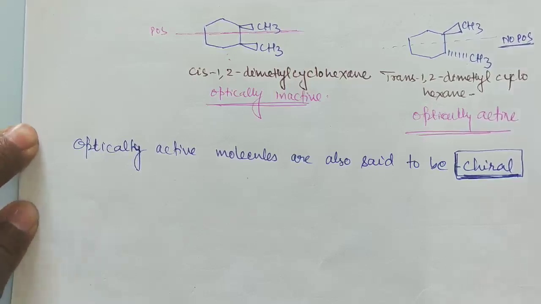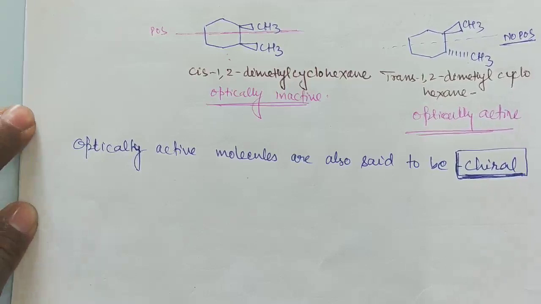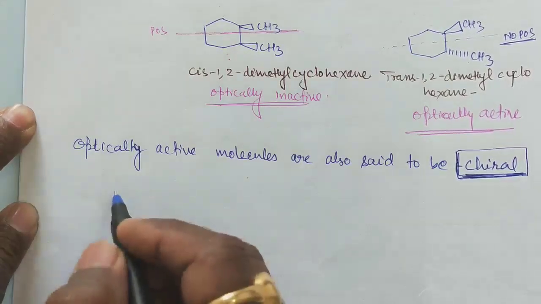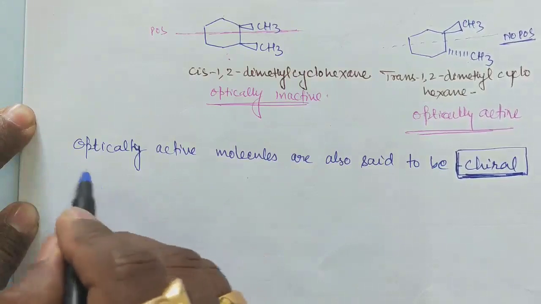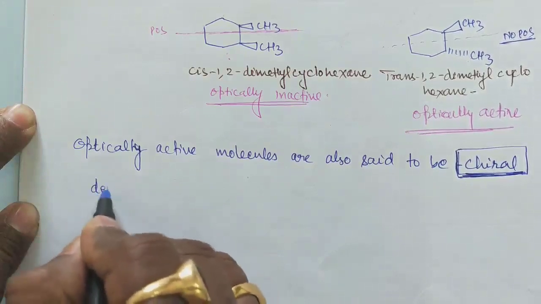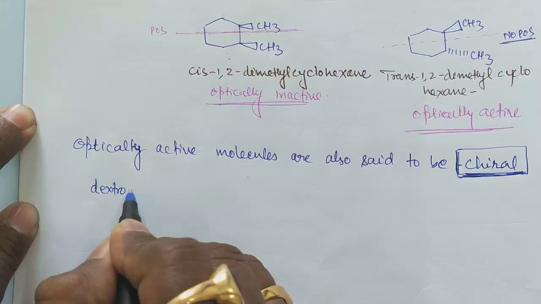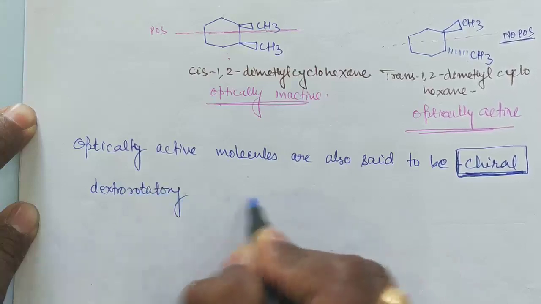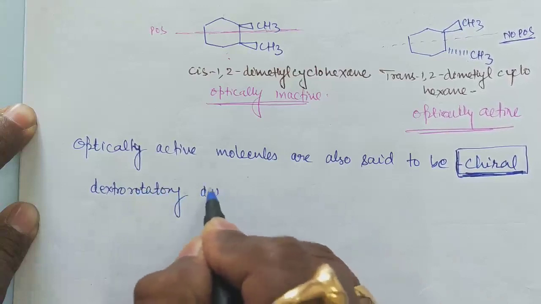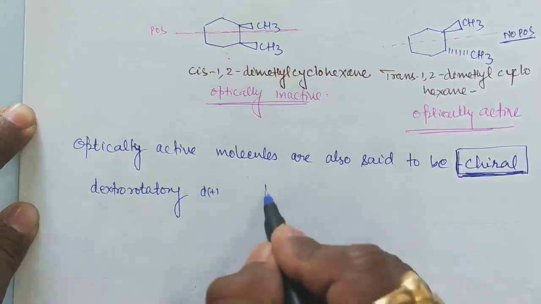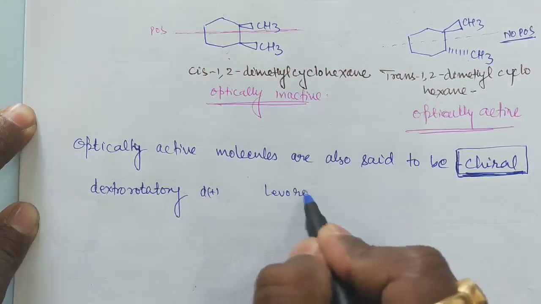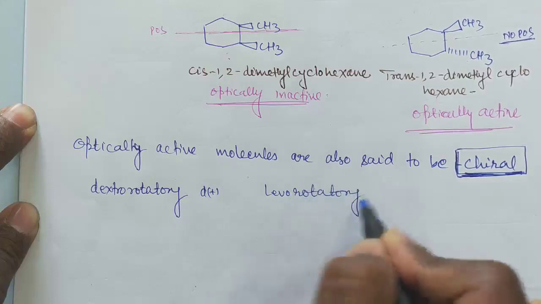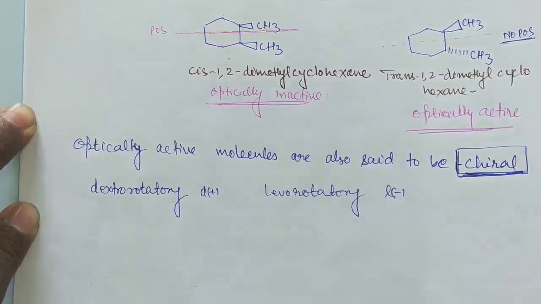So we have two types of optically active molecules. One is dextrorotatory, also called D plus, and the other is levorotatory, L minus, right?